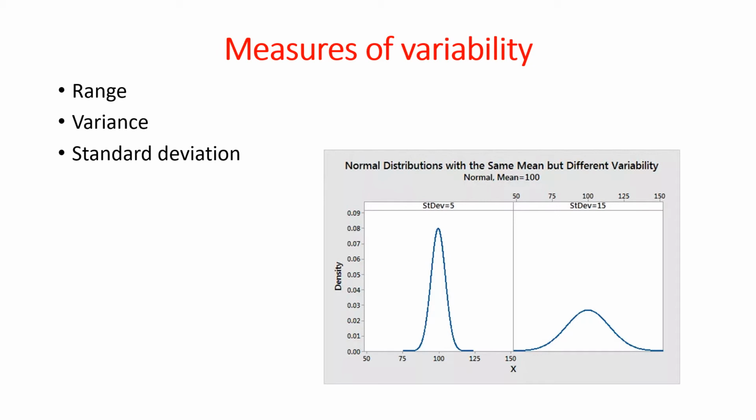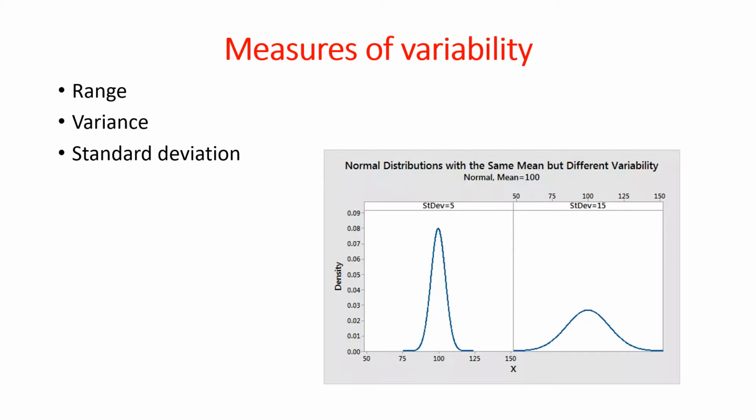While measures of central tendency talk about a single value, a typical value in the data set, measures of variability are about the distribution of the values in your data set. They're about the dispersion.